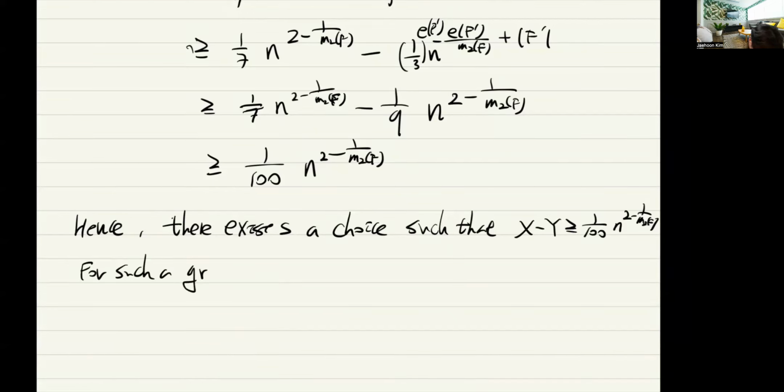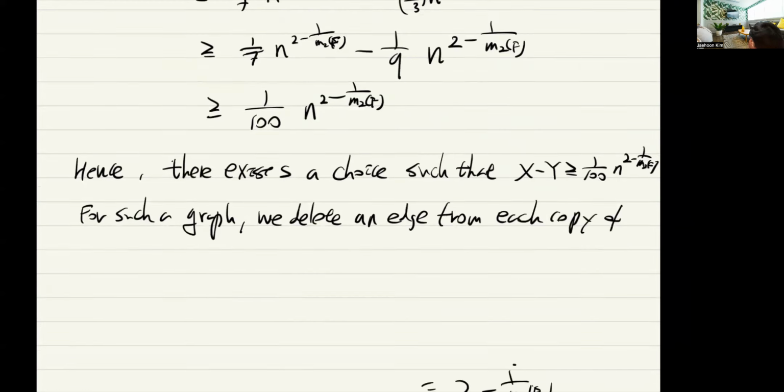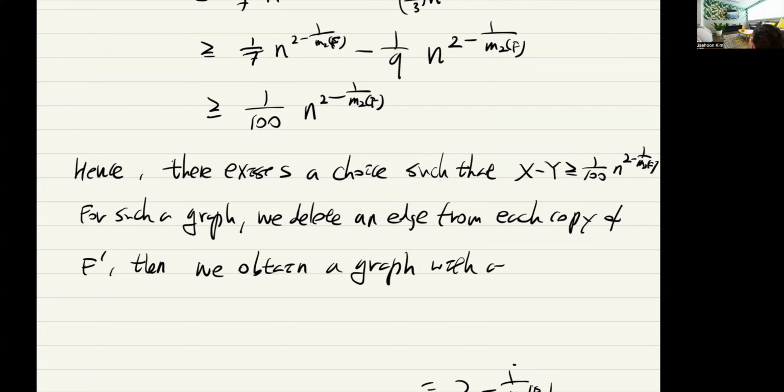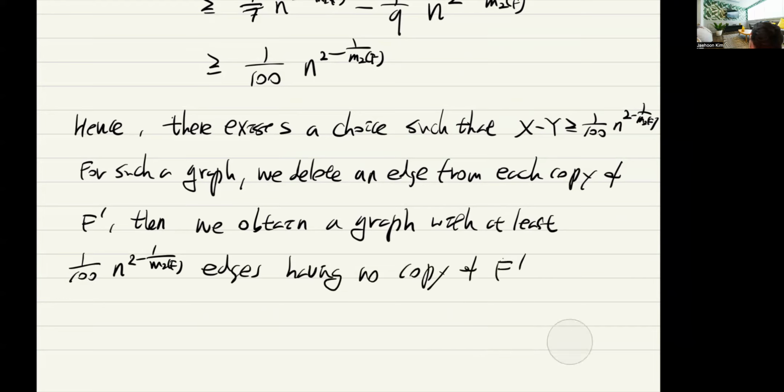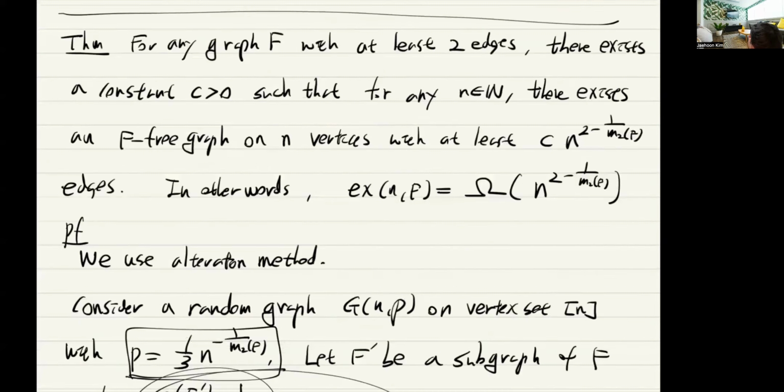For such a graph, we delete one edge from each copy of f prime, then we obtain a graph with at least 1/100 times n to the 2 minus 1 over m 2 of f edges, having no copy of f prime, hence no copies of f. So this shows what we want.